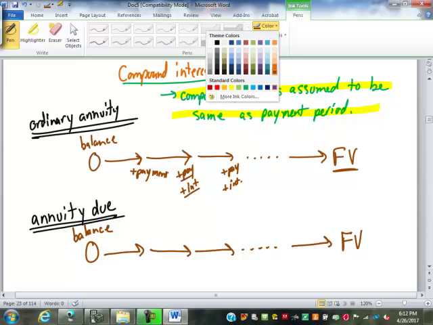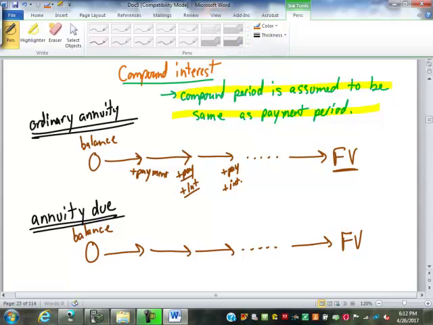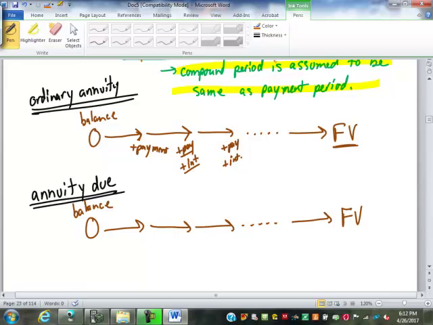The difference is, I shouldn't say the problem, because it's not really a problem, but the difference is, in an annuity due, the payments are made at the beginning of each period.